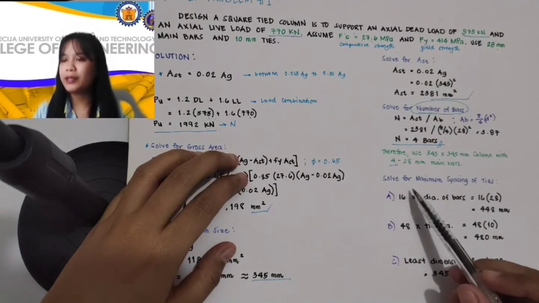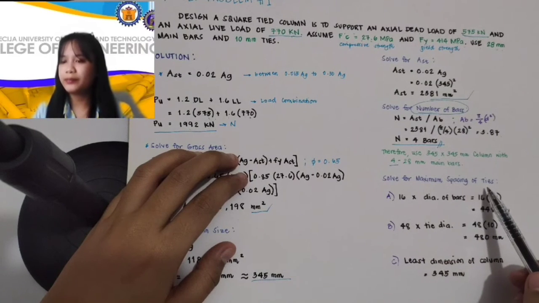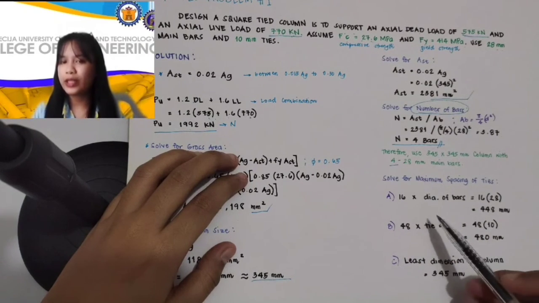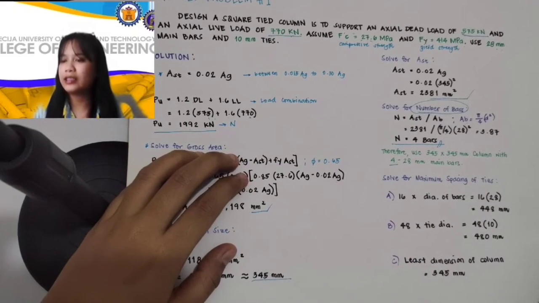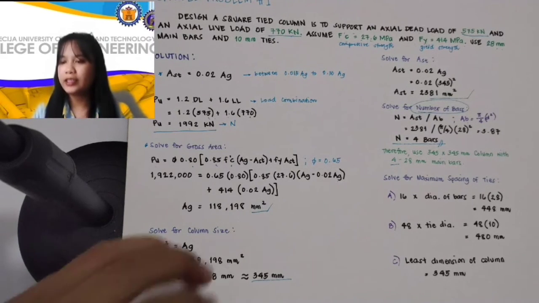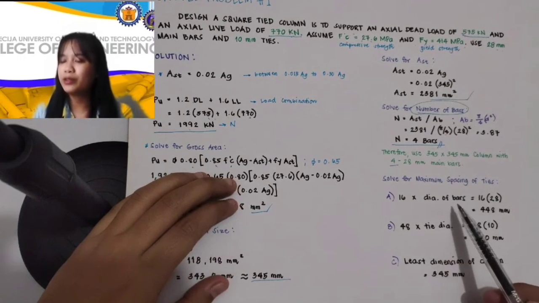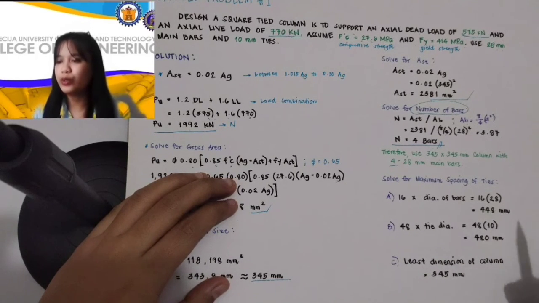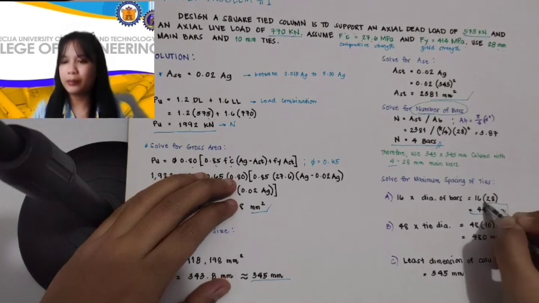Lastly, the maximum spacing of ties. Tie spacing shall not exceed 16 diameters of longitudinal bars. For letter A, 16 times the diameter of bars, which is 28, is equal to 448 millimeter.